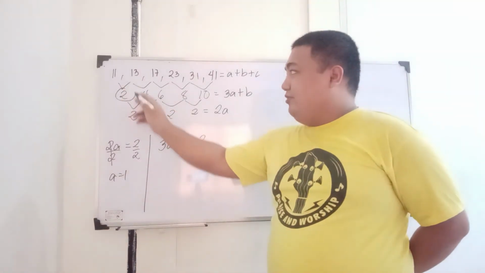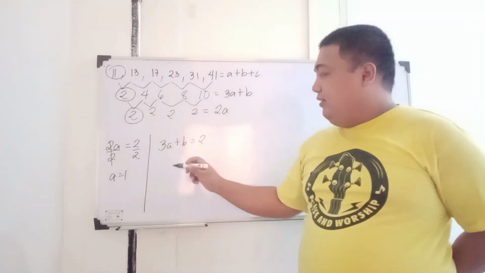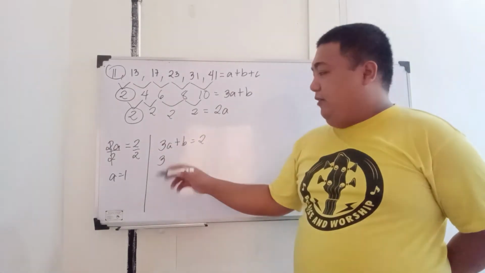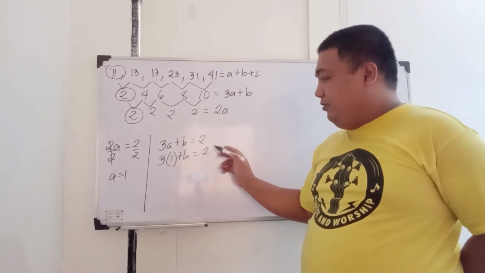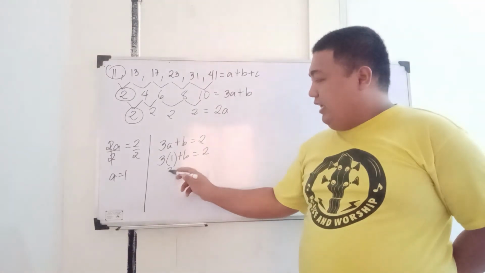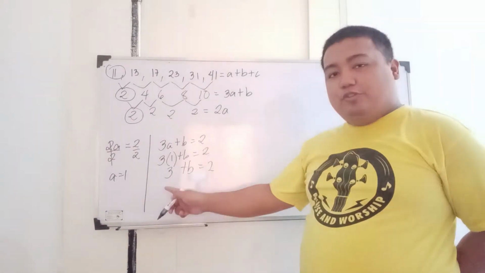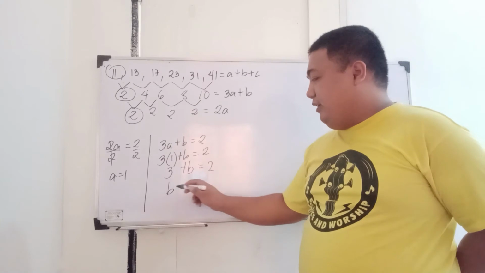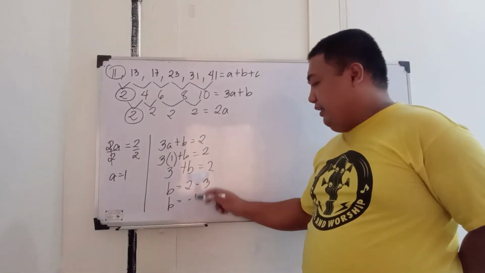Ayan o, 2, 2 plus 11. So, may value na tayo ng a, which is 1. Plus b equals 2. 3 times 1, 3. Plus b equals 2. Put 3 on the other side. So, b equals 2 minus 3. So, b equals negative 1.